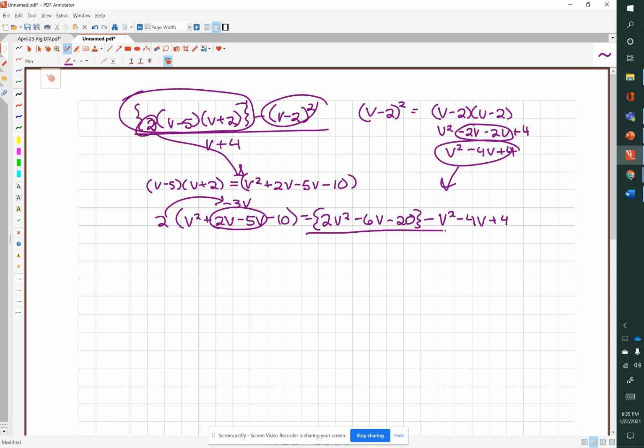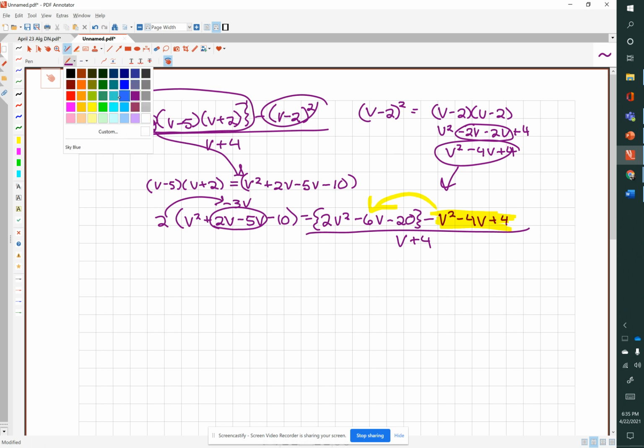Now, we are subtracting, and let's say all of that is divided by v plus 4. We'll get to that last. So we have to subtract, let me use the highlighter, we have to subtract this expression from this expression. So I'm going to write that one out.